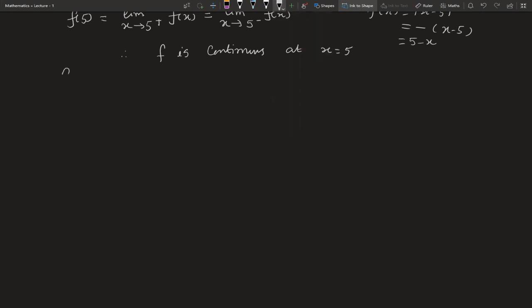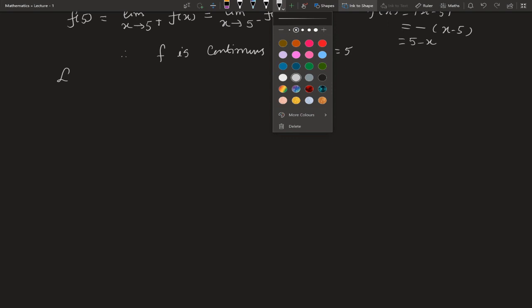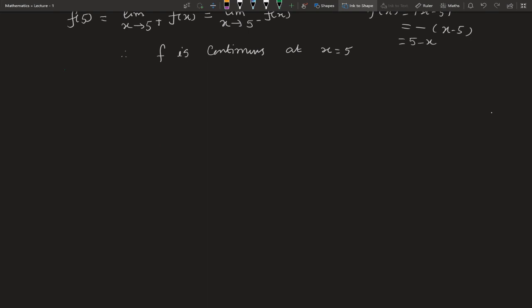Now, let C belong to R, any arbitrary point with C not equal to 5. Actually, we know the modulus function is continuous on its domain. So here f of x equal to mod x minus 5 is continuous on R. We already know this, but to prove it, first we checked continuity at x equal to 5.